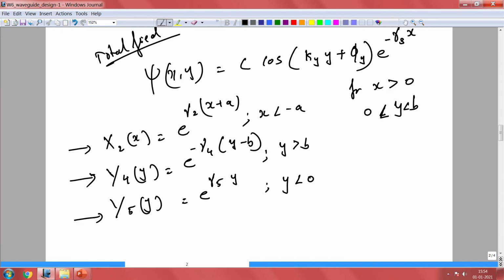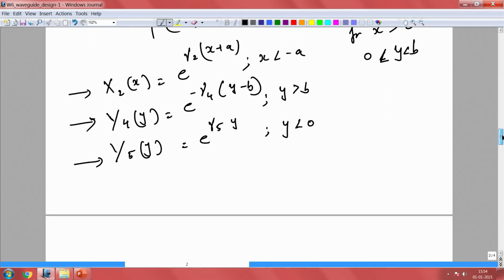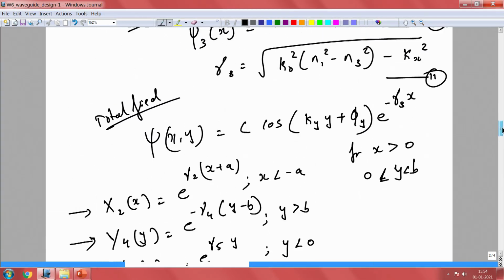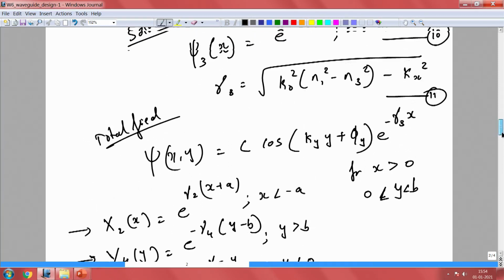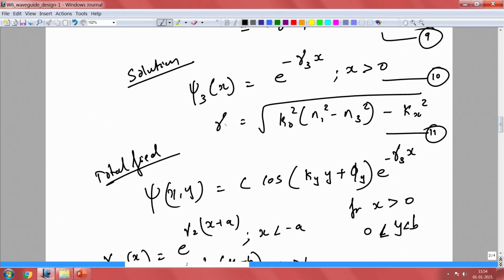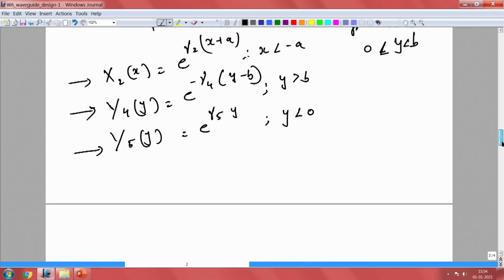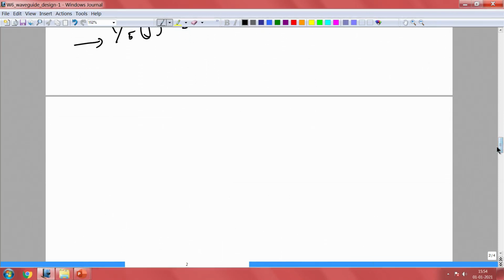So what is gamma 2, 4 and 5? That will follow the similar trend that we had for 3 here, right. So this is 3 here. So let us do that as well.